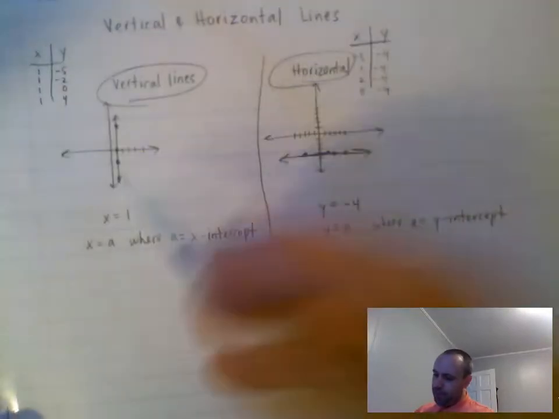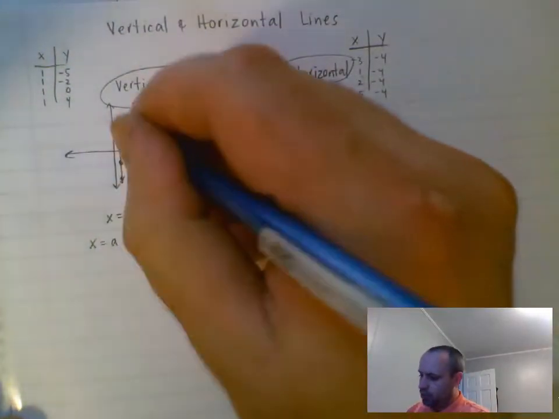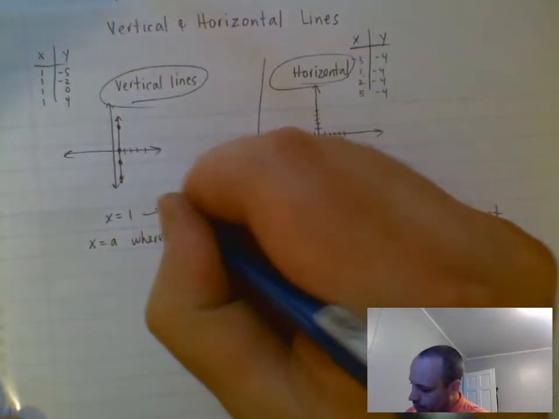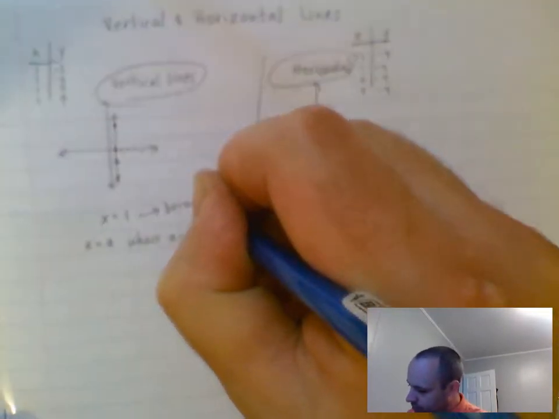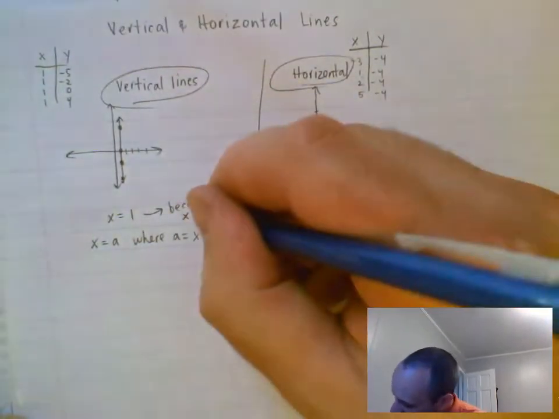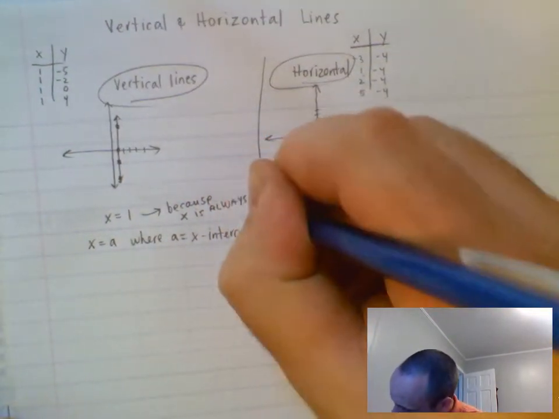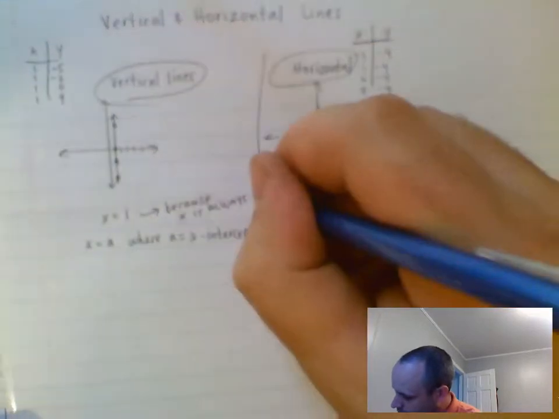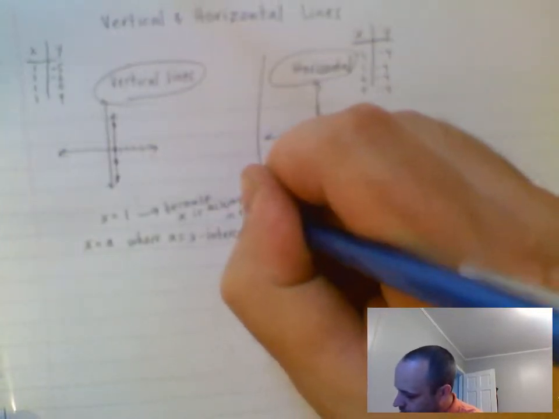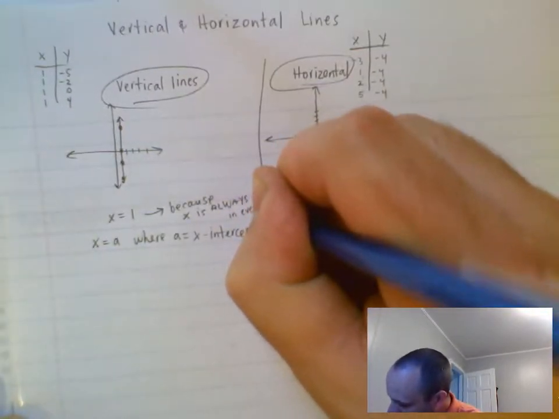On this one, x is equal to 1 because x is always 1 in every situation.